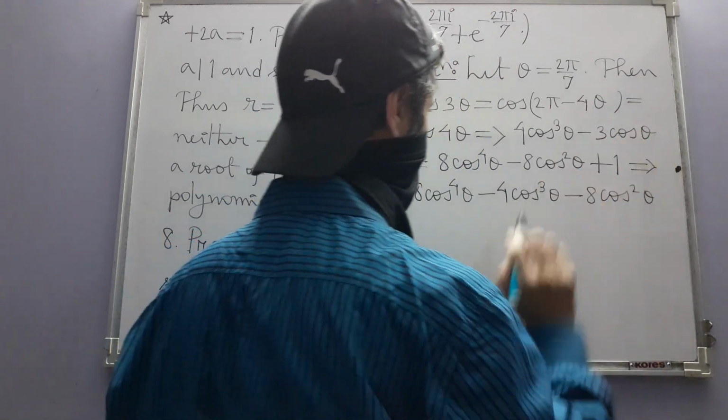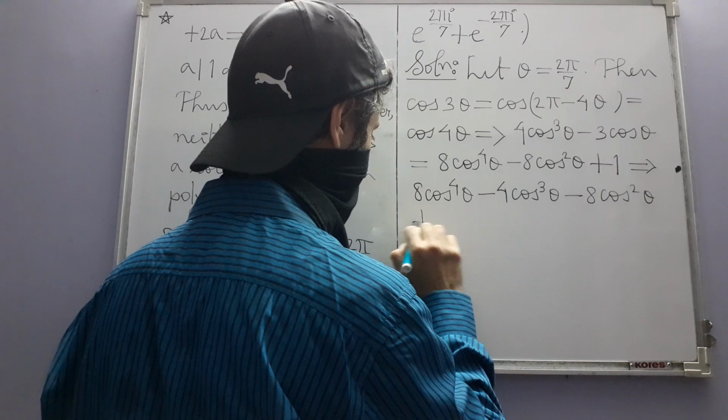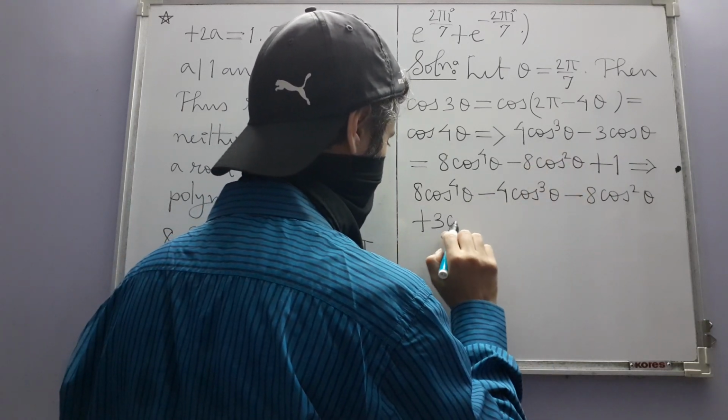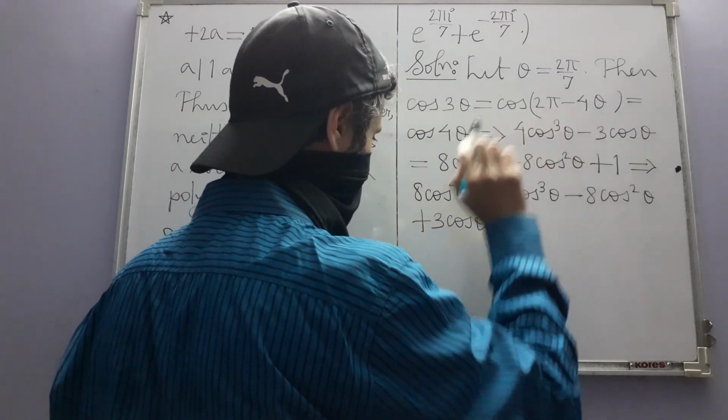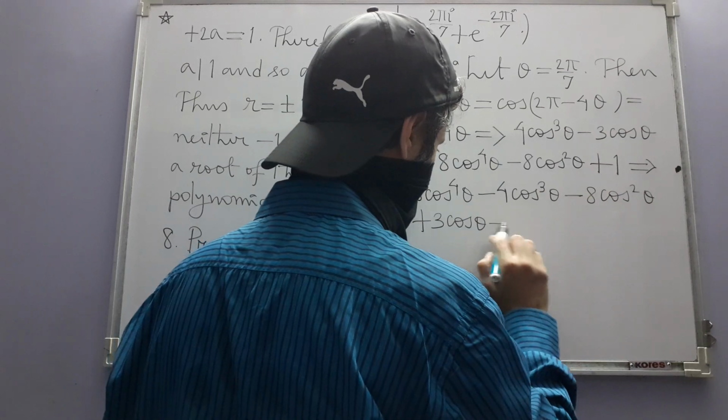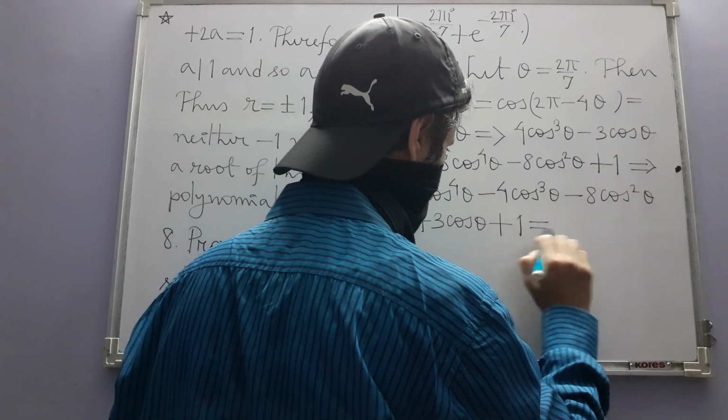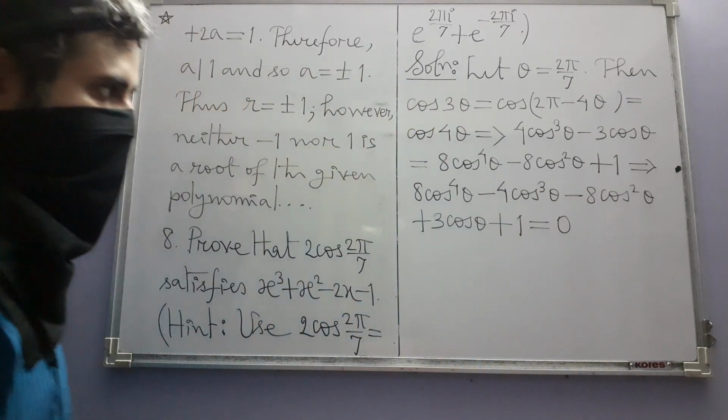Oh, we have 1 cos theta also. Okay, I cannot forget that. Plus 3 cos theta because it's on that side, and on this side we have plus 1. That should now be equal to 0.